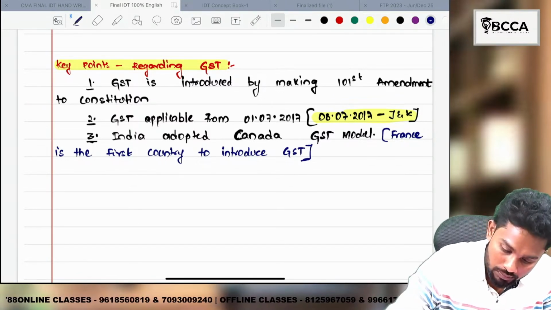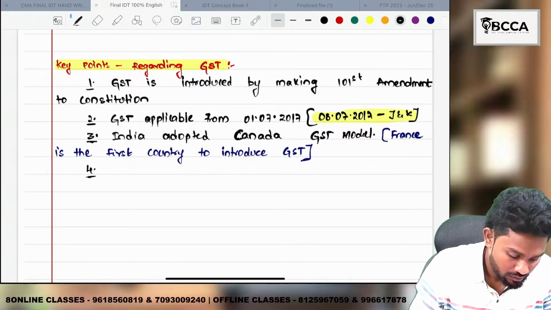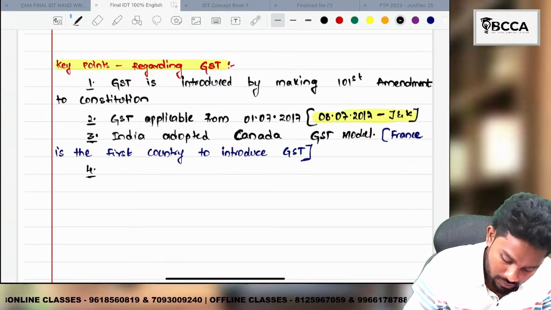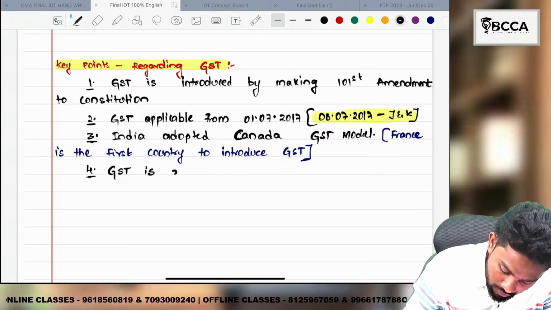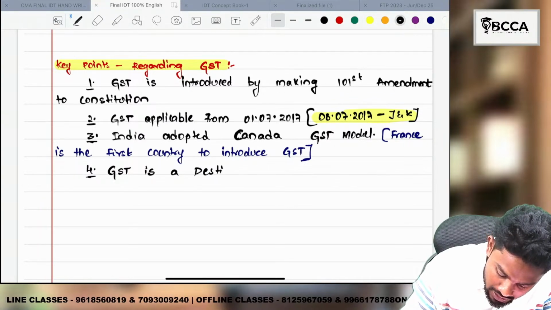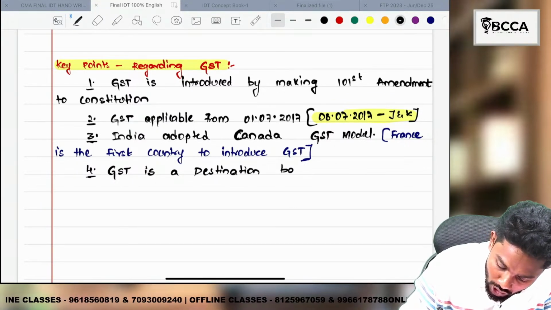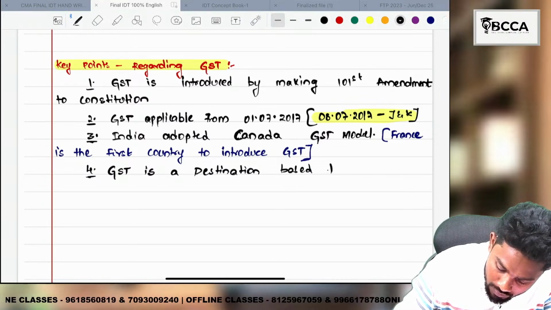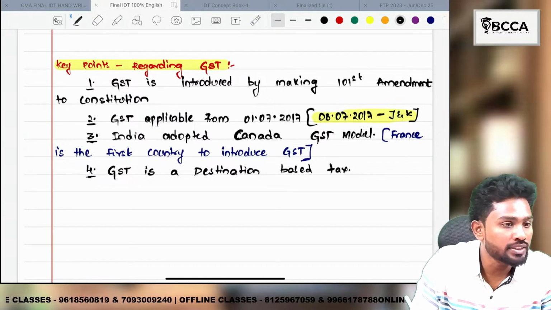Next, fourth one. GST is a destination based tax.